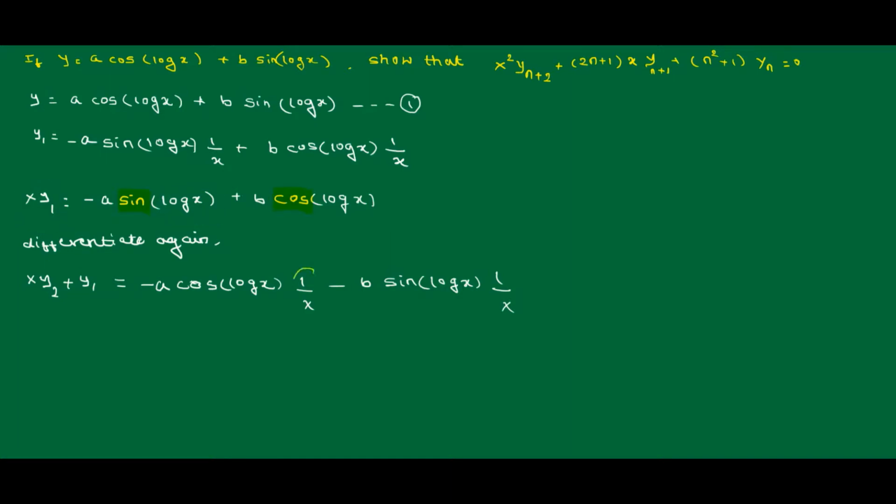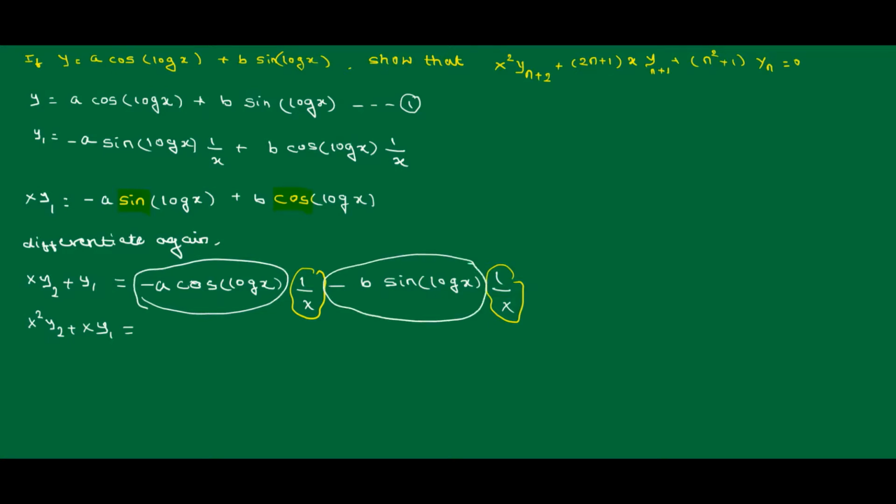Again you can take this 1 by x and this 1 by x common, so that what you will get 1 by x into bracket, write down the remaining term. This 1 by x transpose to the left hand side, so we get that is x square into y2 plus x into y1 is equal to, from the remaining terms, this is the remaining term minus a cos log x, and this is minus b sin log x.